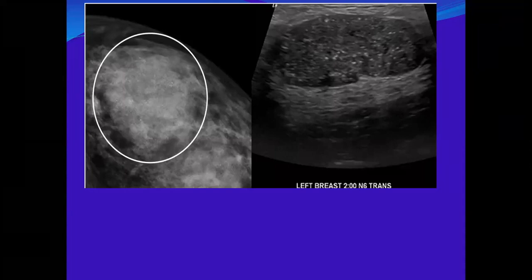Because of the irregular or indistinct mass with associated amorphous calcification. Okay. But for indistinct margins, we said it is BIRADS 4, 4B or 4C.